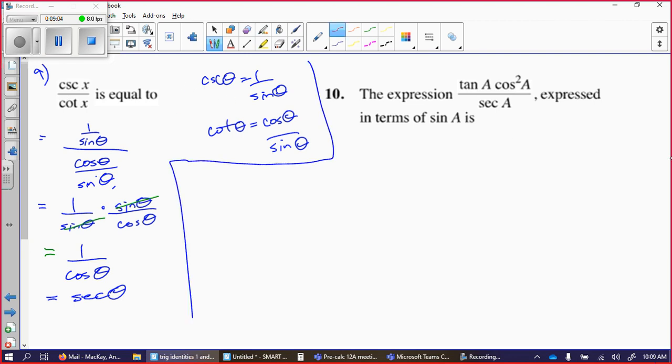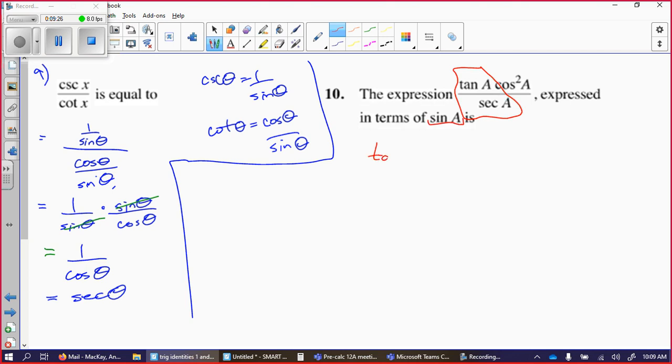Just because I may need a little bit more space for this one. I kind of like a question like this: write something in terms of sine A, which to me means sines and whatnot. I have two parts because this is a fraction.